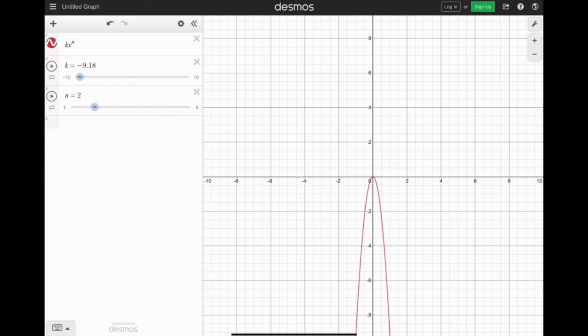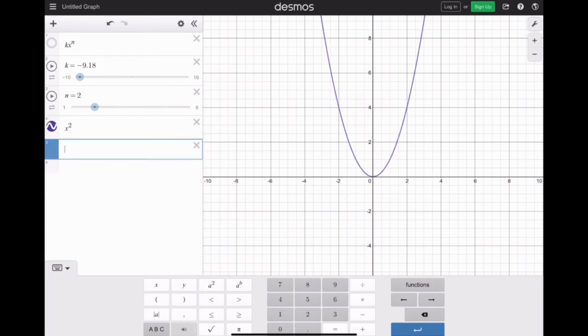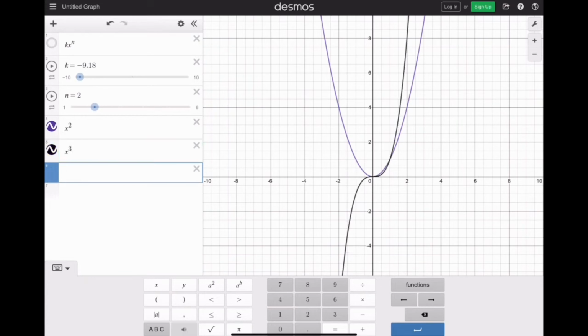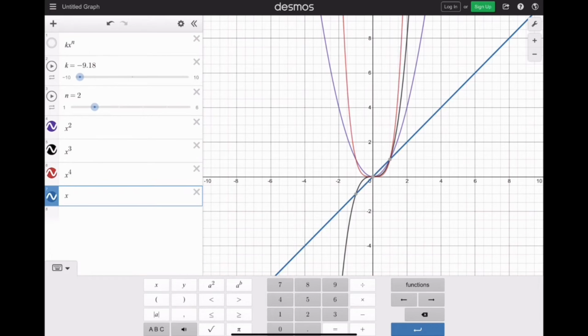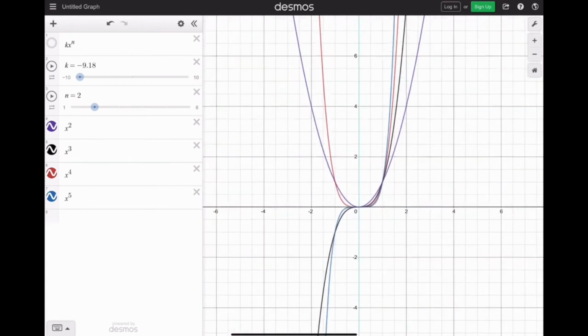Now, if you do want to see the various functions on the same sketch, you will have to type them in separately. So for example, if we wanted to see x squared versus x cubed versus x to the 4th versus, let's say, x to the 5th, we would have to sketch them all separately, but then I can also zoom in on the graph.